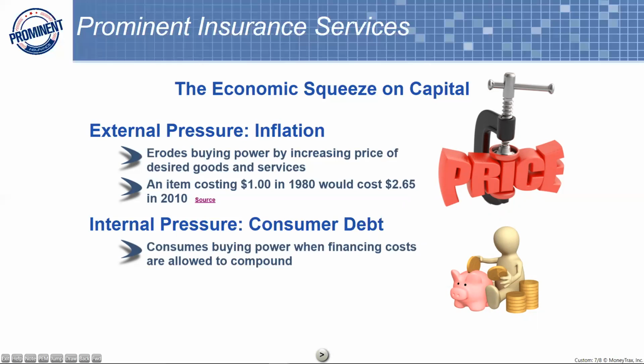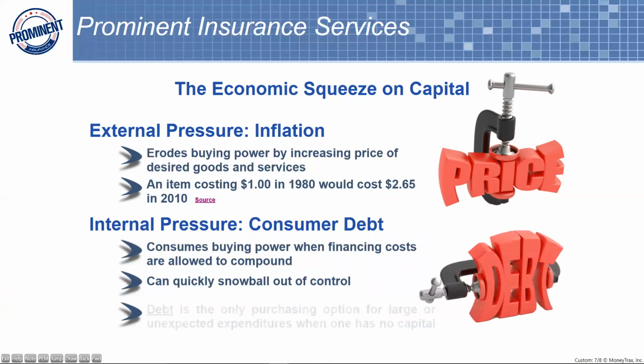when you allow your financing costs to compound, meaning it gets too big and your financing is taking all of your money, the interest that you're paying is more than you're able to pay on the principal. So it consumes buying power. And we know it can quickly snowball out of control. And that's debt.